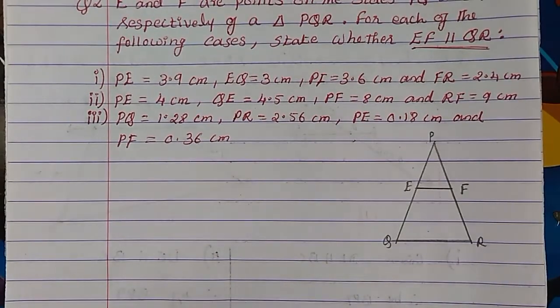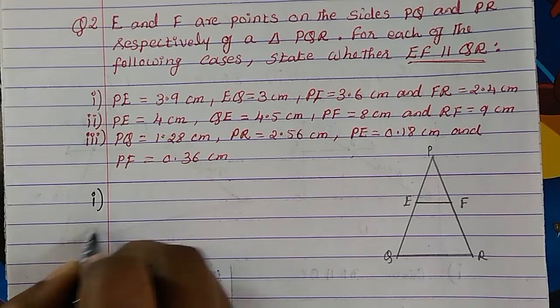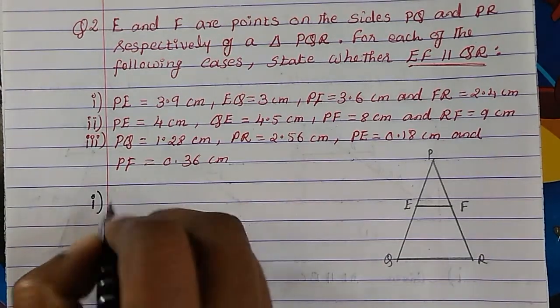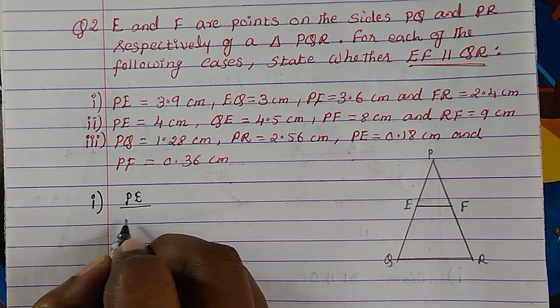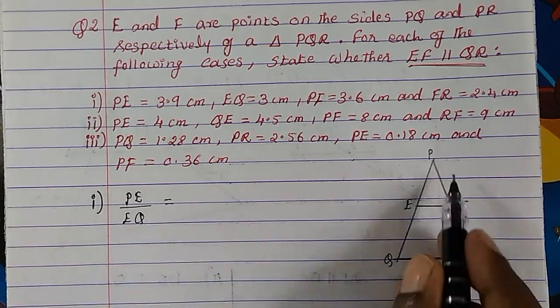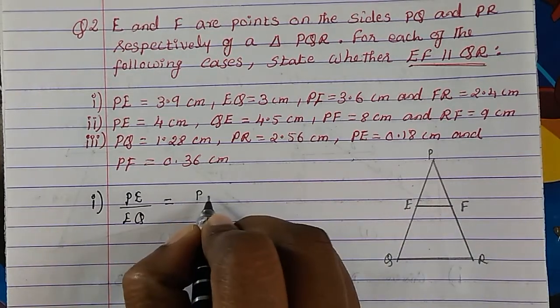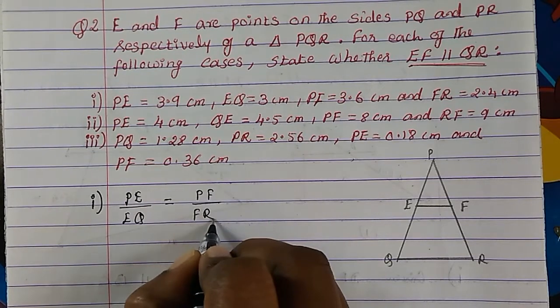So first of all, let us write down the ratio. Okay, for the first case, let's write down the ratio, that is PE upon EQ should be equal to PF upon FR.